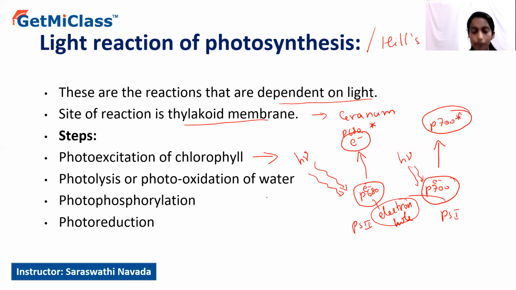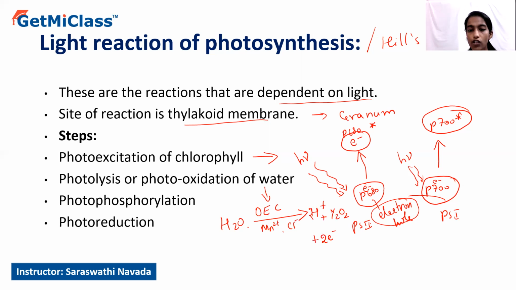The next step is photolysis or photooxidation of water. In this mechanism, the water molecule, in the presence of light energy as well as an enzyme complex called the oxygen evolving complex, which has manganese as a central metal ion as well as chloride ion, is split into 2 hydrogen ions and molecular oxygen, and 2 electrons are released.